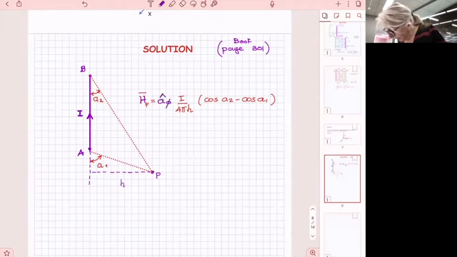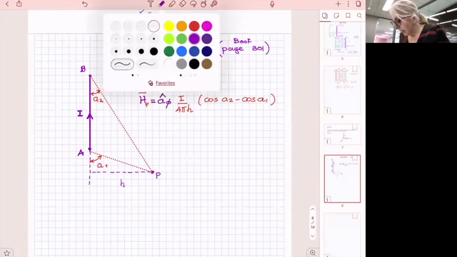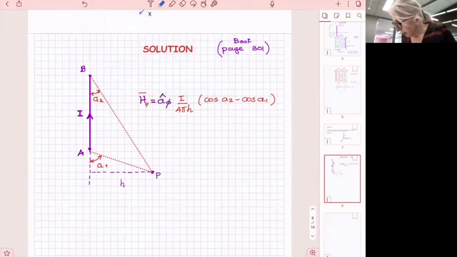So along the phi direction, which means that if I were to draw a circle that would go like this. Let me do this.